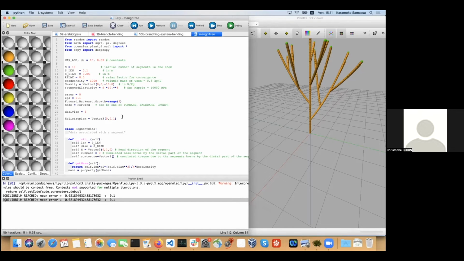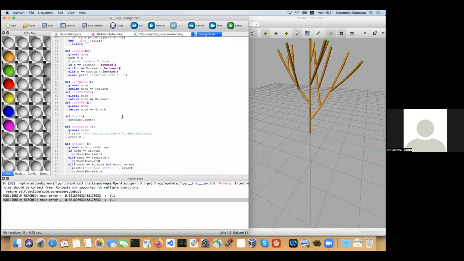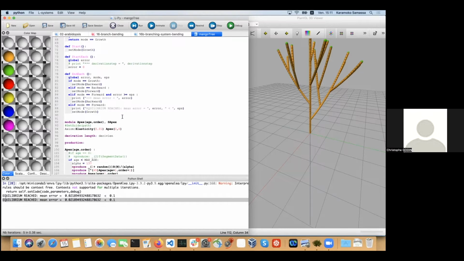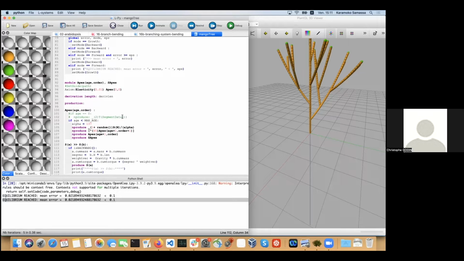So the goal for me now is to understand more how the gravity is applied on the tree, and also how I can manage to take the evolution of the apex in each stage of production.